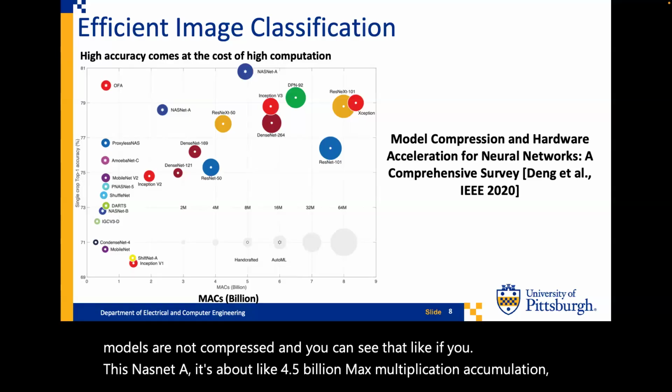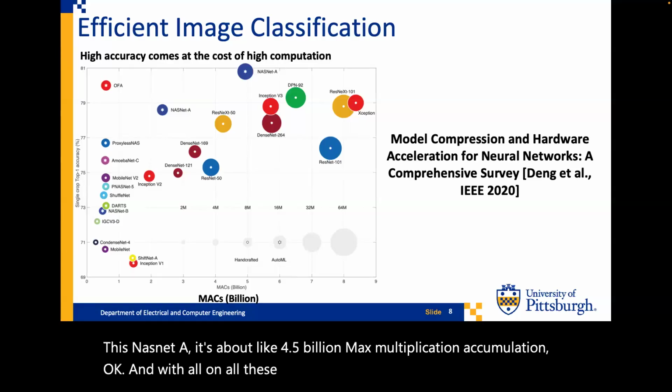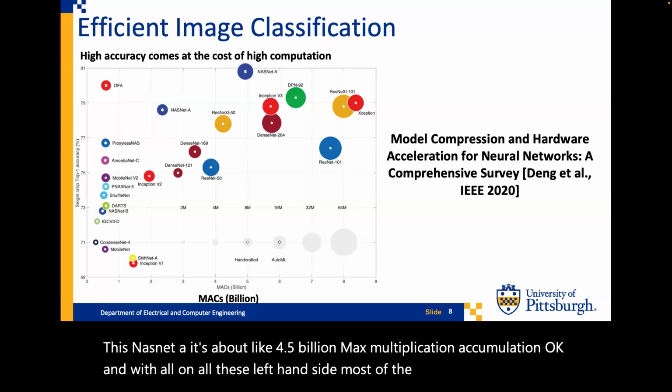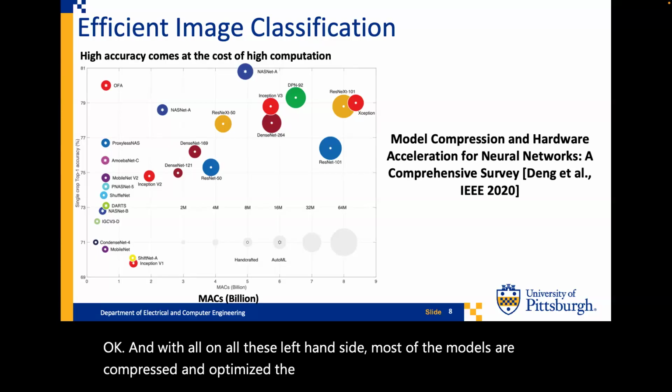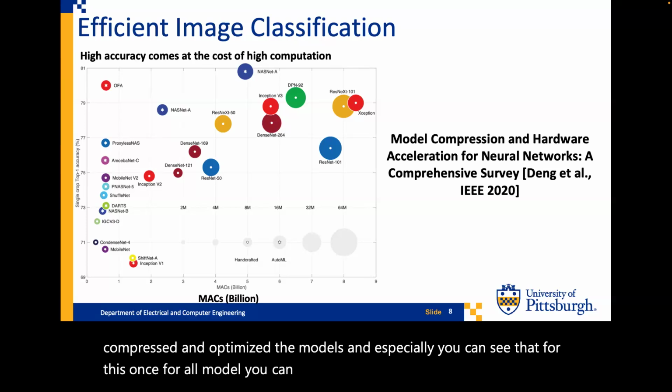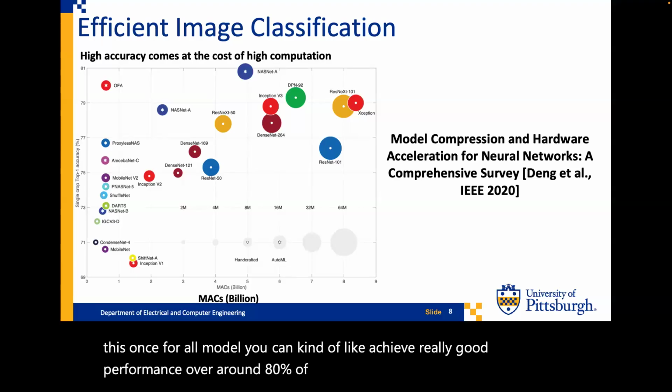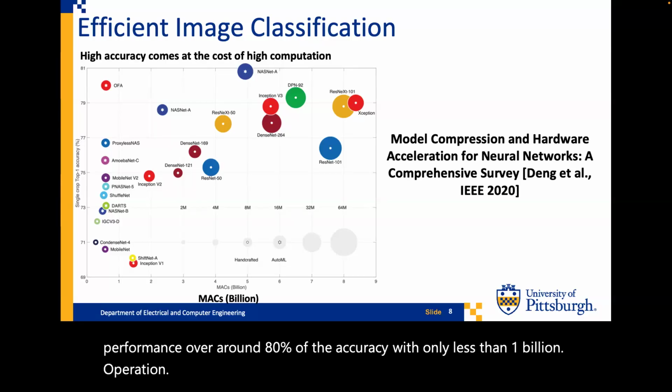On the left-hand side, most of the models are compressed and optimized. Especially for this Once-for-All model, you can achieve really good performance, around 80% accuracy, with less than 1 billion MACs.